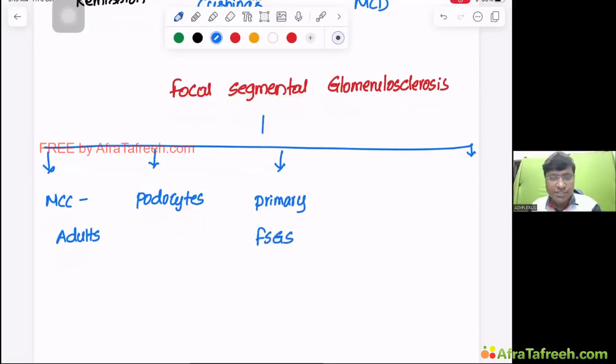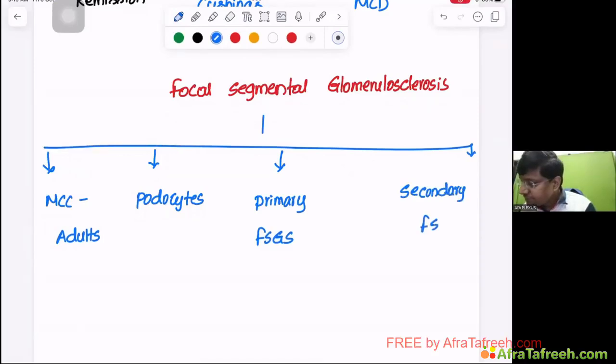And what will be the gene mutations? I will tell you. And the other one is secondary focal segmental glomerulosclerosis, where some other etiology will be damaging the kidney.